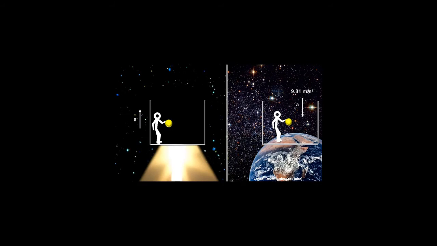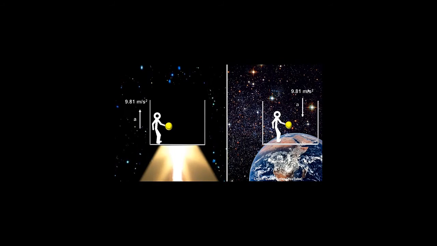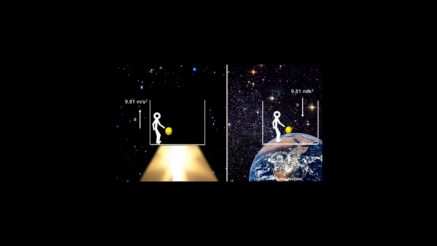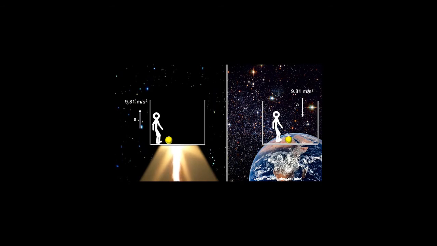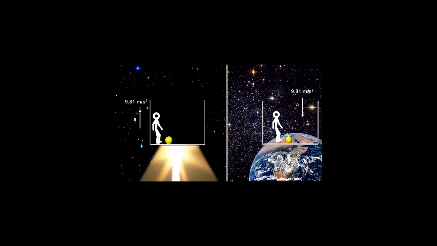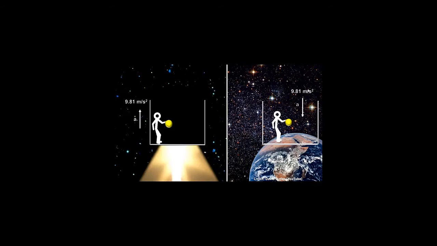I will show the same events in a video file. Look at the video, what happens. The man is holding a ball, he will release it, and the ball will move downward, slowly. Look at those two pictures. Is there any difference?